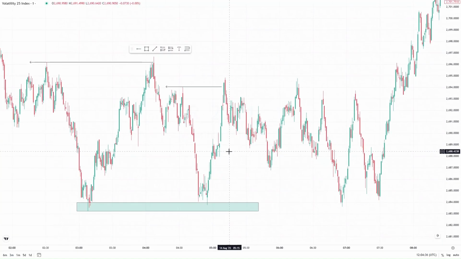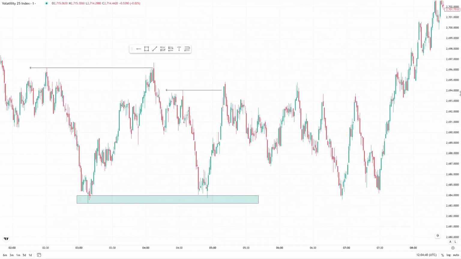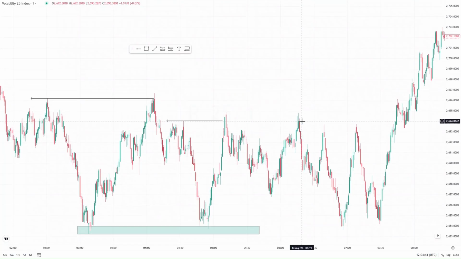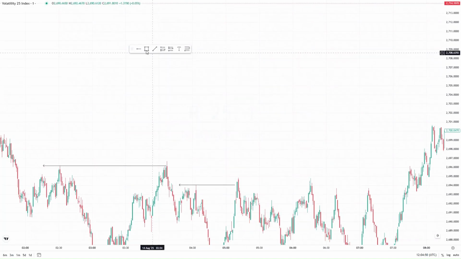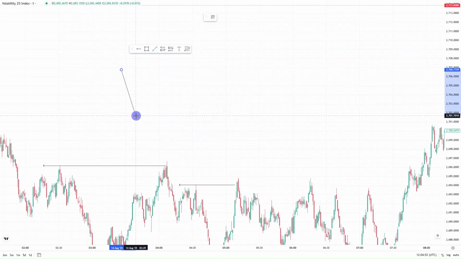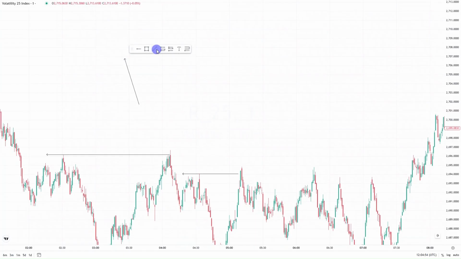So usually, before I even feel like I want to trade something, I want to see something like this, because there are two ways that I trade. But the first thing that I want to see is something like this.